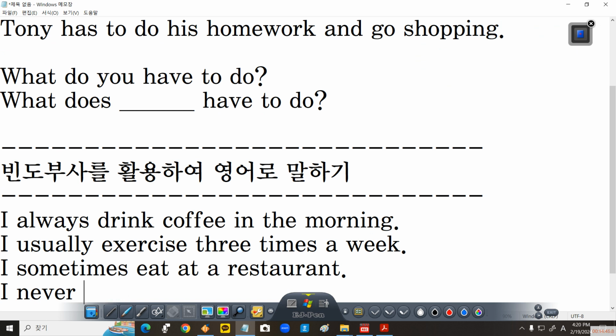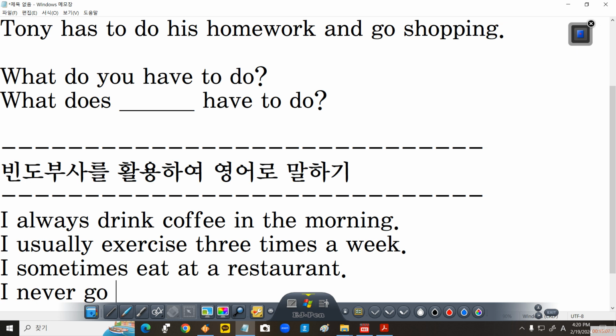이걸 좀 더 긍정적으로 할까? I never, what do I never do? 정말 안 하는 게 뭘 많이 아는데 너희들한테 할 만한 게 뭐지? Okay.